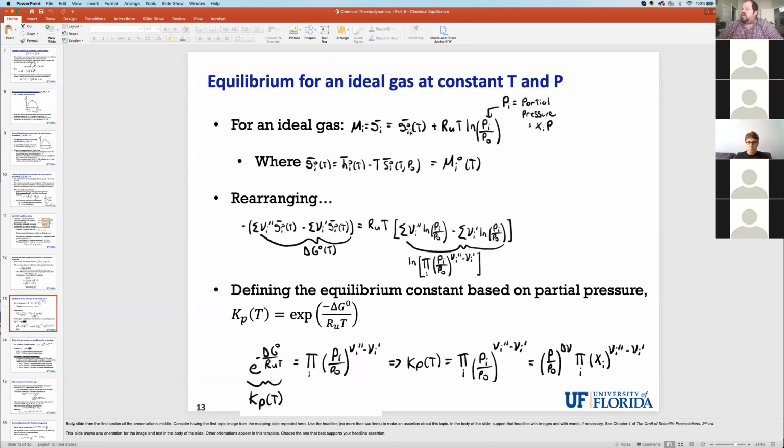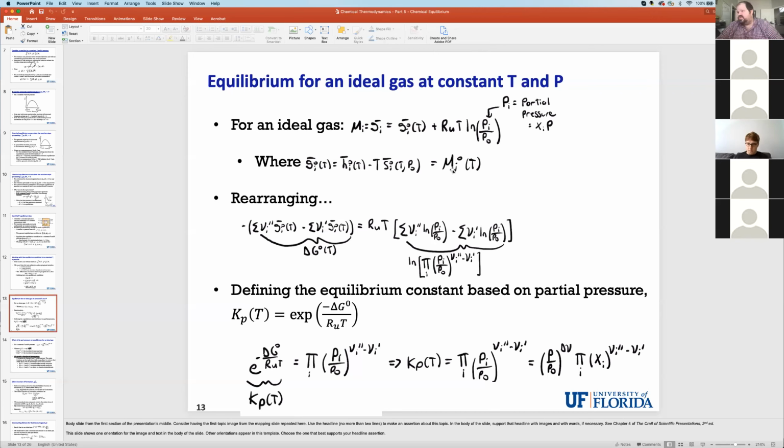Okay, and in a lot of tables and books, you can find this basically g_i bar. If you can't and you have to put it together, G is defined to be H minus TS. So g_i naught is equal to h_i naught minus T times s_i naught.